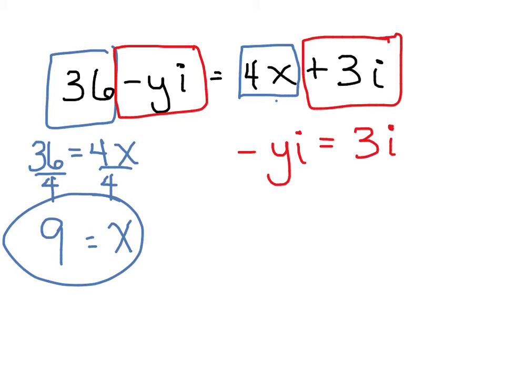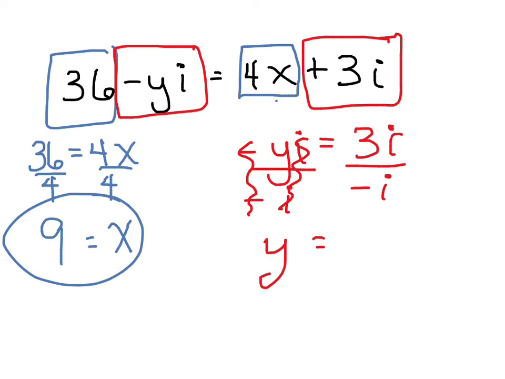You divide by negative i, or divide by negative 1i. Yes, negative 1i, because I want to get the y by itself. So if I do that, these i's cancel, the negatives cancel, leave me y. These i's cancel here, and what's 3 divided by negative 1? Negative 3.